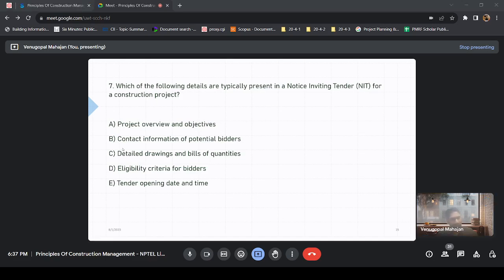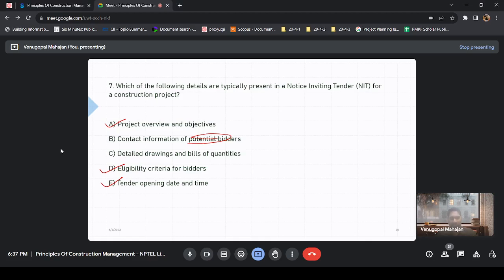D and E. All of the above. Anything else? Okay, C. A should be there, overview and objectives. B, like this is a repeat of what we discussed. C, C should be there.